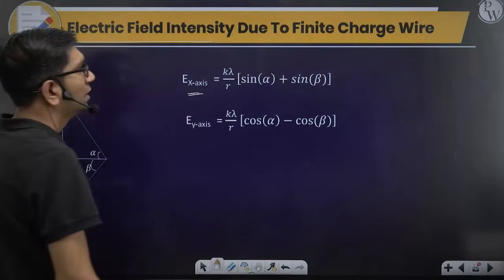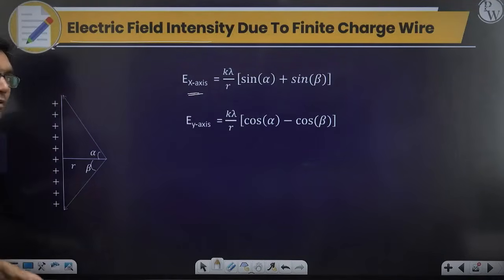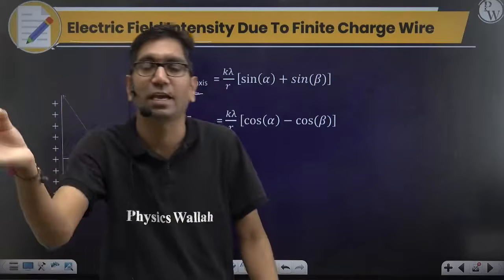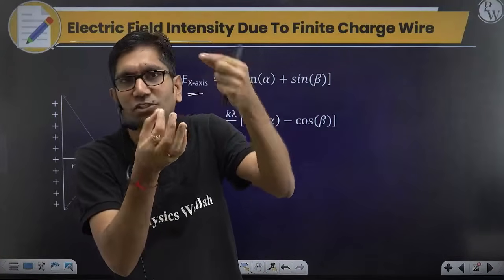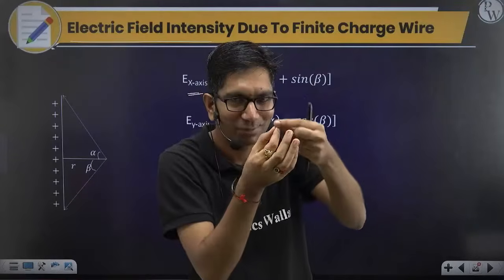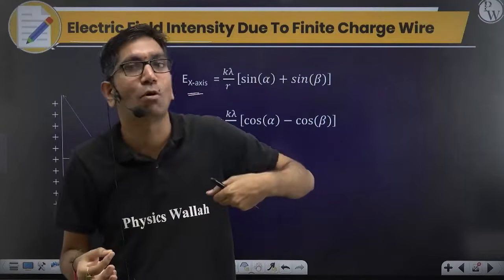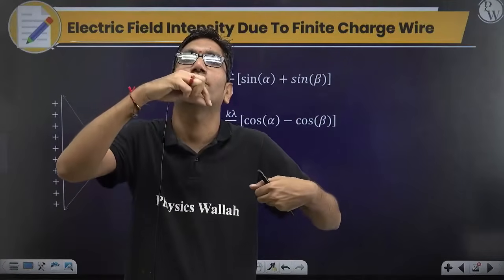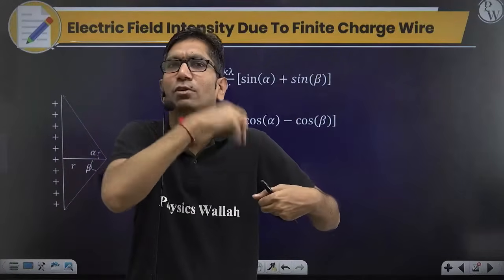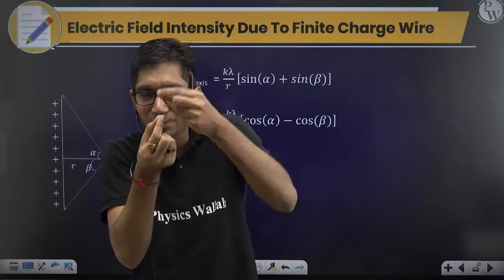See here, beta. This is a finite charged wire. So what I am doing is, I am taking my hair. I am doing like this, like this, like this. Finally it becomes straight, let us assume. In my pocket, there is a lot of charge present inside that one. So finally, I'm just inserting that one. I'm doing like this, like this. So finally, the charge is present on this one.